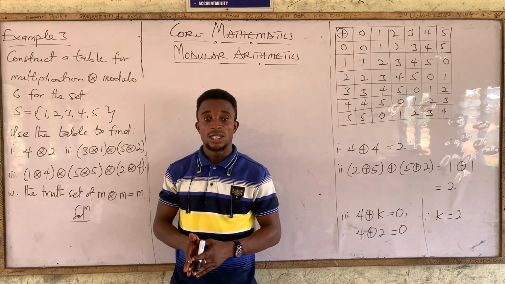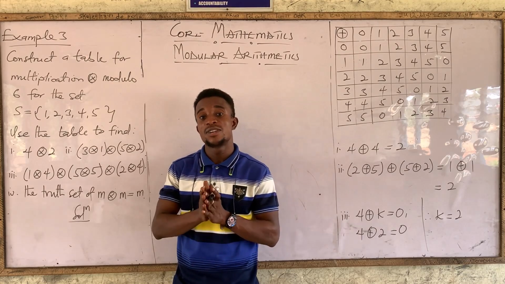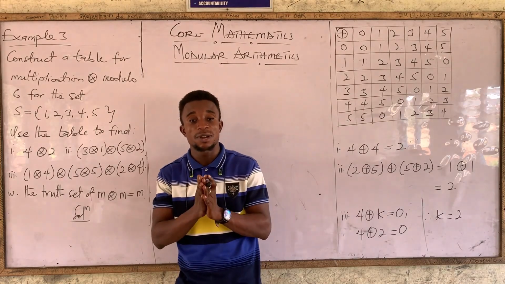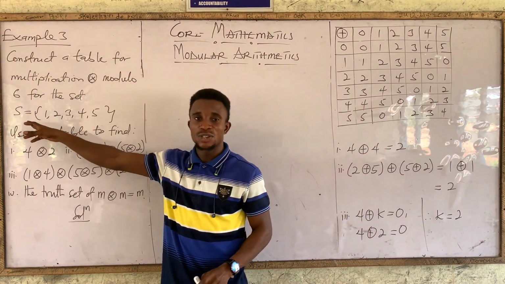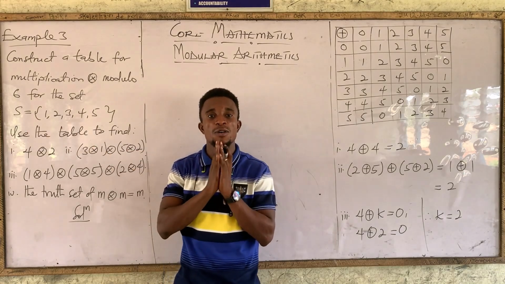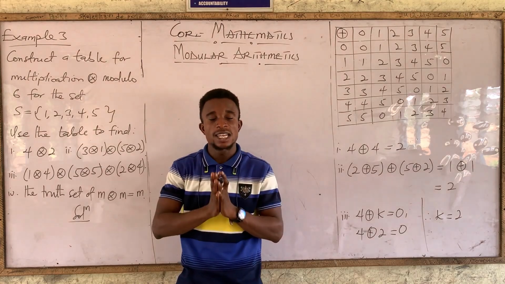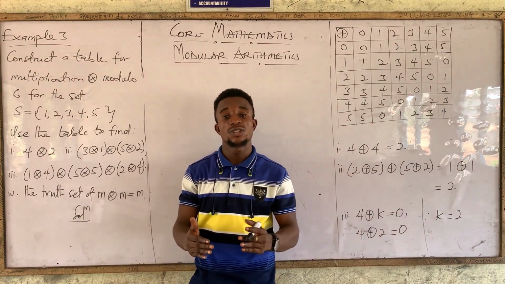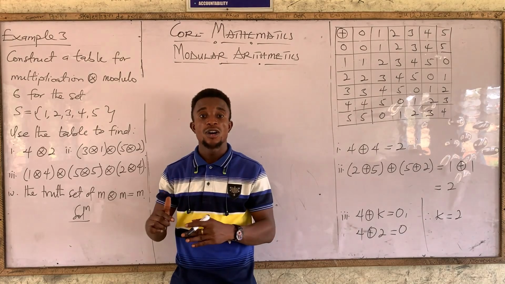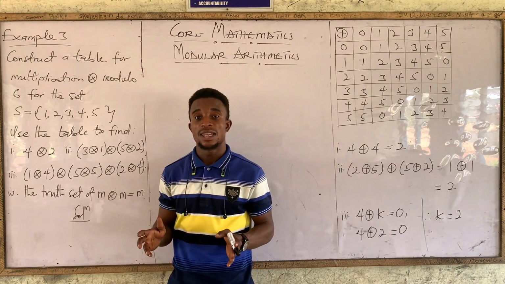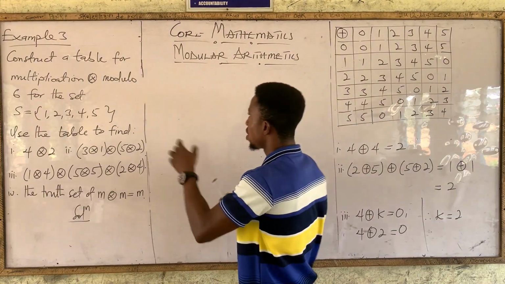If you construct a situation whereby you start from 0, it means you are totally wrong. You deviated from the question. Use the set given to you. So always check if a set is given before you begin to construct the table. If no set is given, that is when you can construct for modulo 6 using all the possible remainders. Okay, so this one, what do we do?